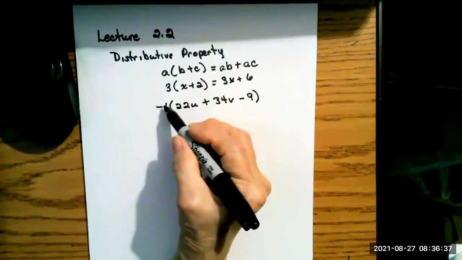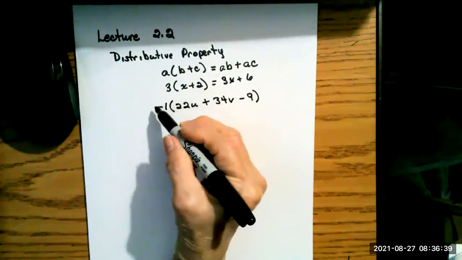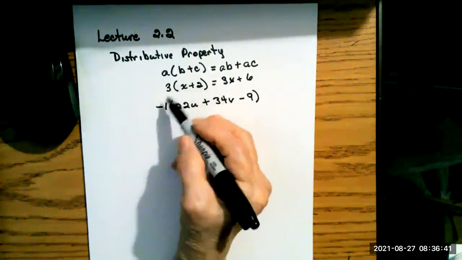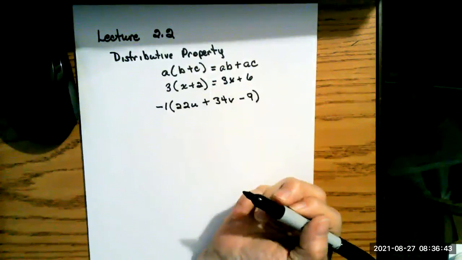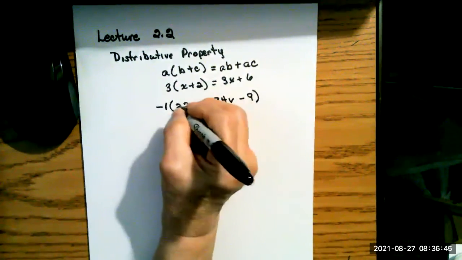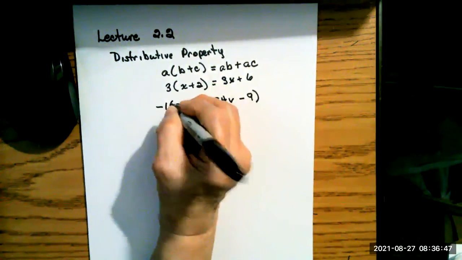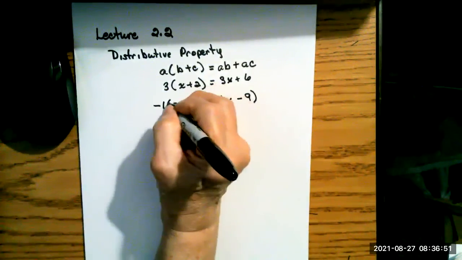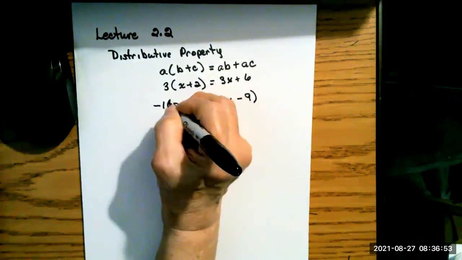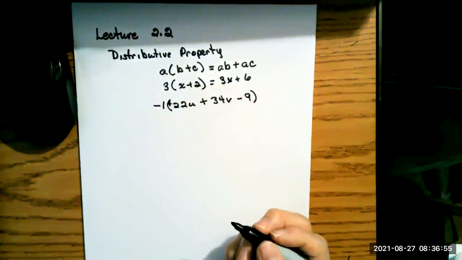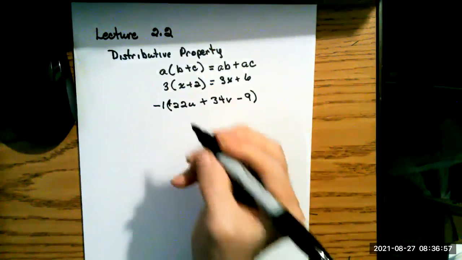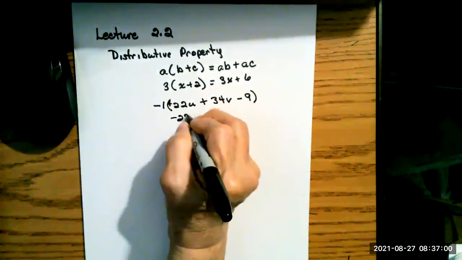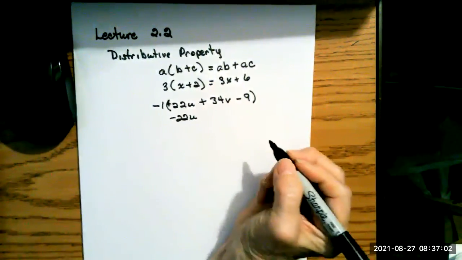Remember that the negative acts as an opposite maker, so what it will do is change each one of your signs that's inside. Now the 22 is considered positive at this point, a positive 22. So when I multiply it, -1 times positive 22 will be negative 22. See how it changes the sign on it?